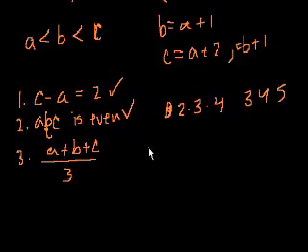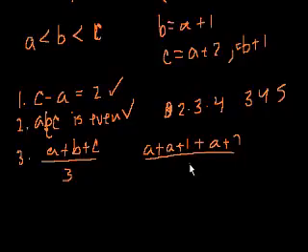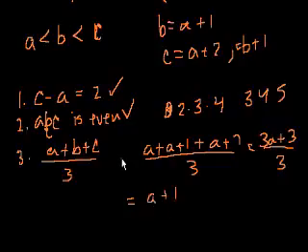Let's write it as a plus b plus c over 3, so b is a plus 1, c is a plus 2. You add them all together, and this is equal to 3a plus 3 over 3. Sure enough, you can divide the top and the bottom by 3, and you get a plus 1. So yeah, statement 3 is also correct. This is always going to evaluate to a plus 1, which is an integer.